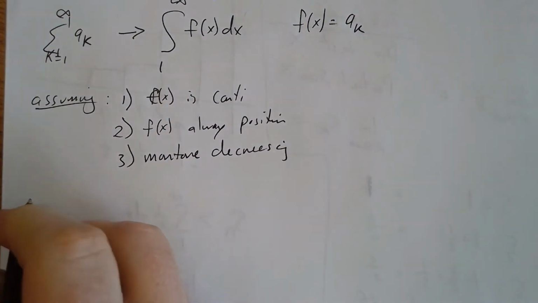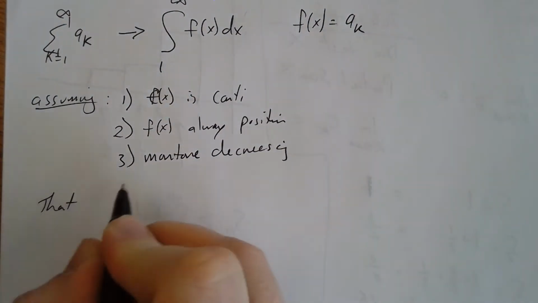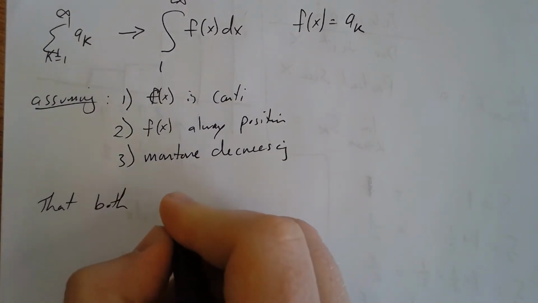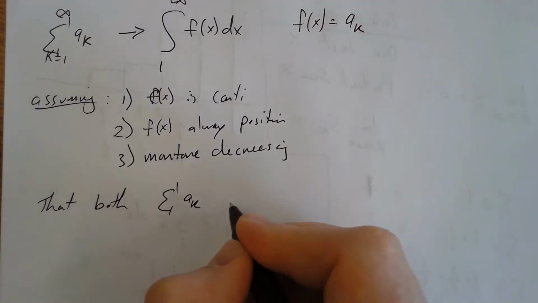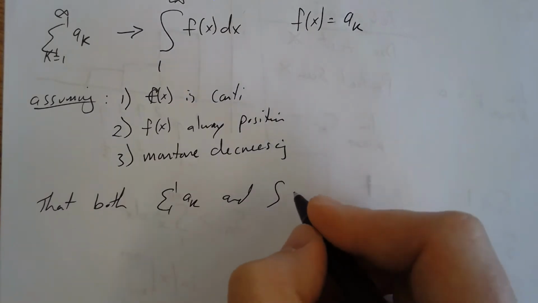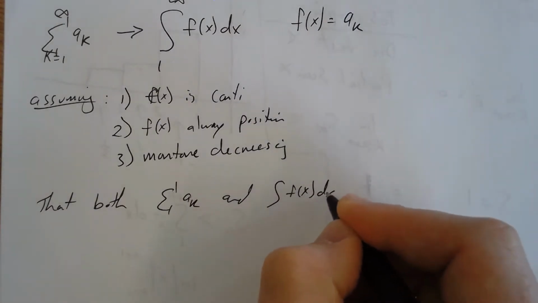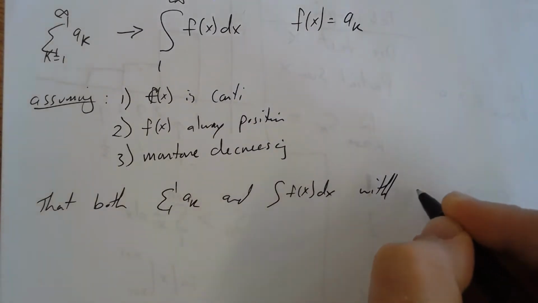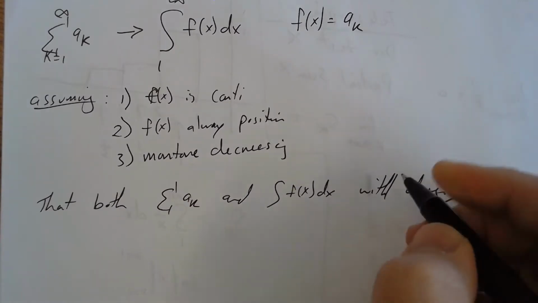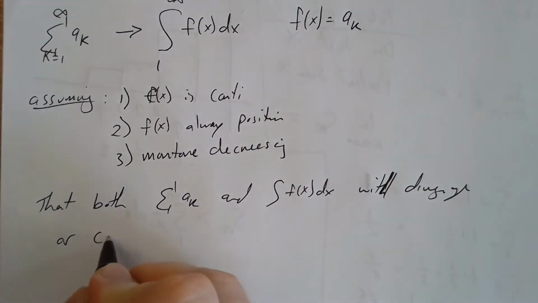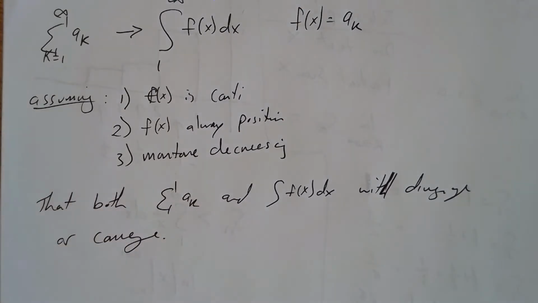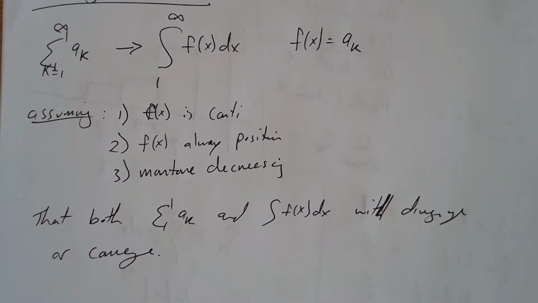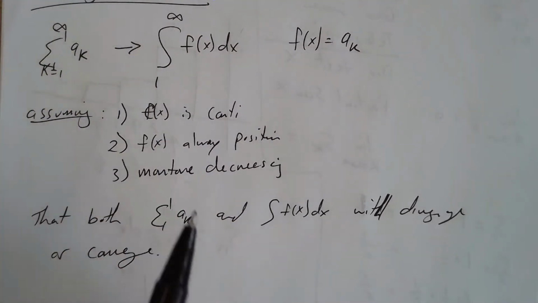So this will allow us to conclude that both the summation of a sub k and the integral of f of x dx will diverge or converge. So this is the only real test that we've been looking at where we can actually determine in a comparison that if one of these things does something, then so does the other one, and vice versa.